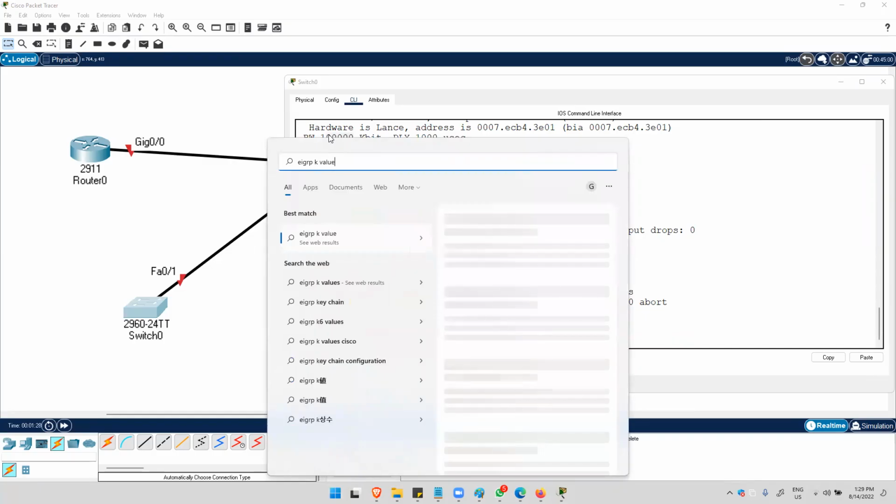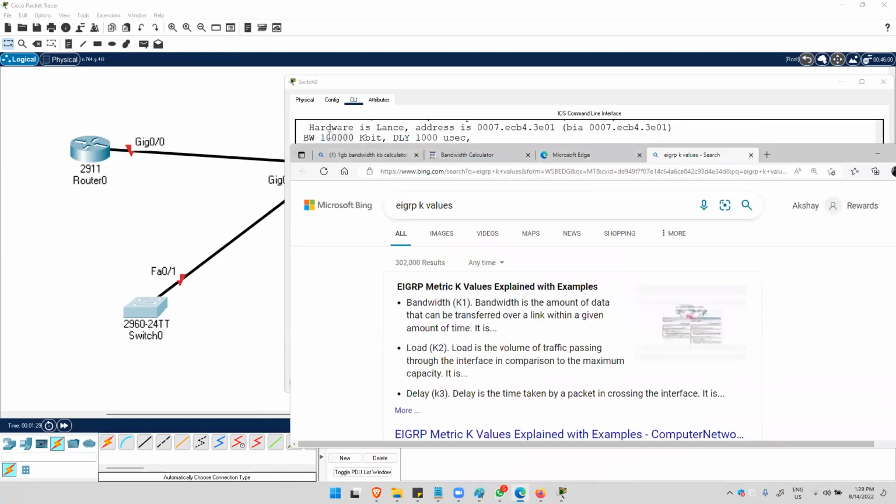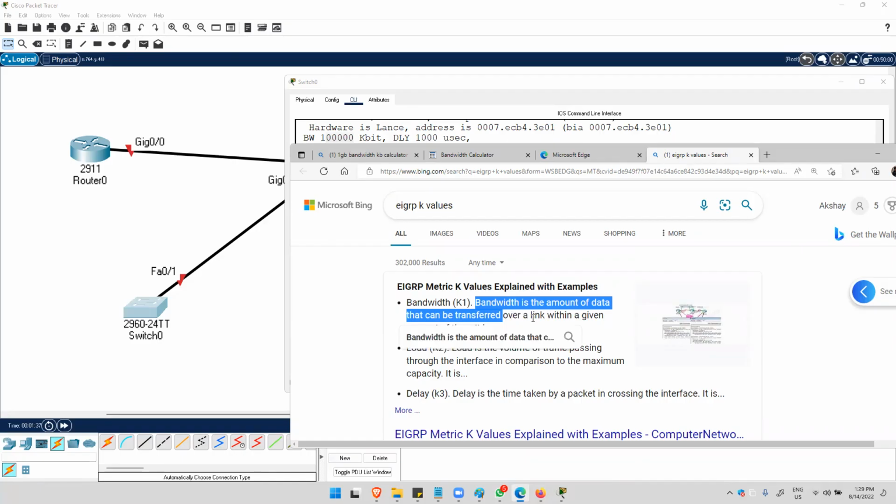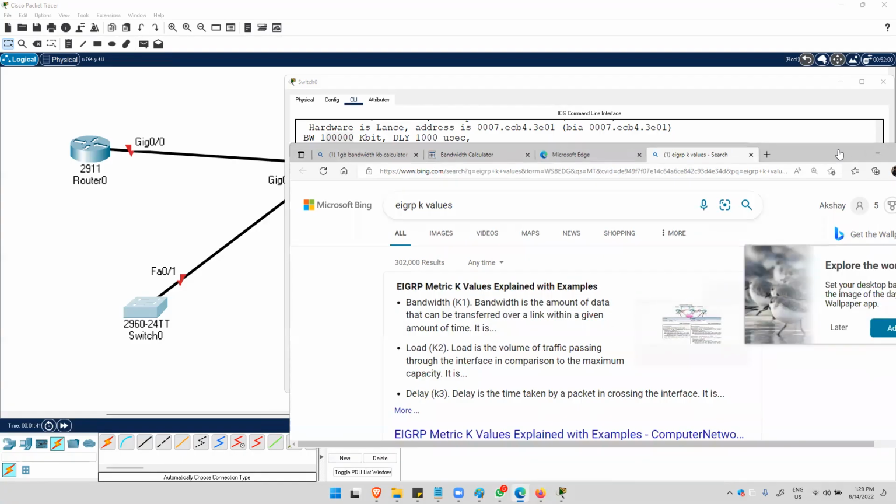EIGRP K values, I will show you some short theory. Bandwidth means the amount of data that can be transferred over a link. Yes or no? Now, give me 1 second.